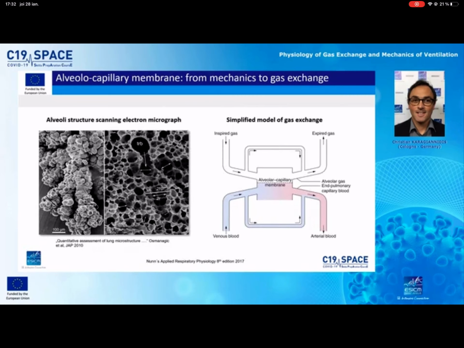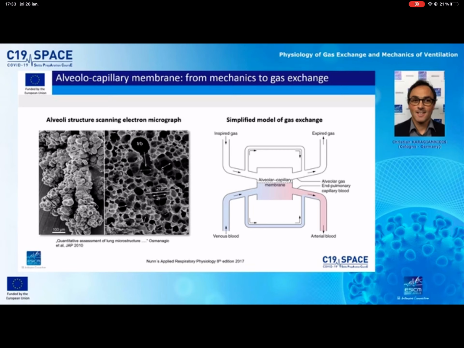So now let's get from the mechanics of the lung to the gas exchange. And this is a typical scanning electron micrograph of a lung, which very nicely shows the acini and the alveoli structure of our lung. If you simplify that, you have an alveolar capillary membrane, and this membrane divides the air conducting part of the alveoli from the perfusion part of the capillaries of the lung.